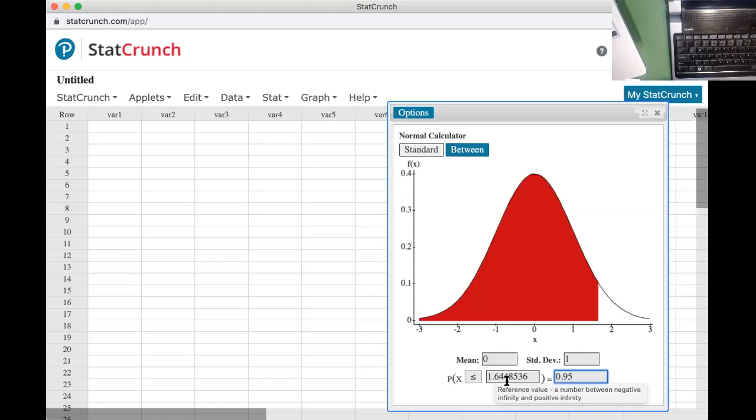Our problem says that a one-tailed test was run and the null was rejected. That says our Z was out here in this tail somewhere, which means our X was up here somewhere too, because X's and Z's are on the same scale.